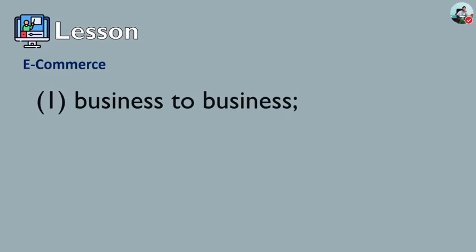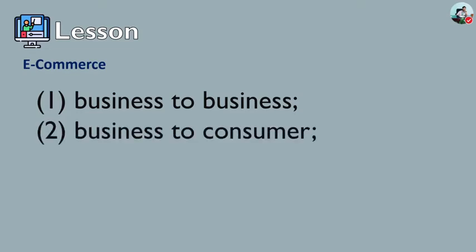Number one, business to business. Again, e-commerce is the exchange of information or any business transaction using any form of electronic communications, or online. For example, a business communicates or exchanges information with another business. That is one of the market segments, business to business. Number two is business to consumer, from business to the end user or consumer.